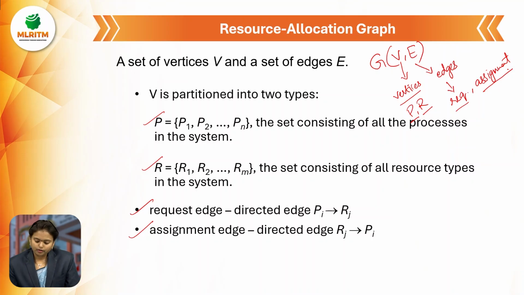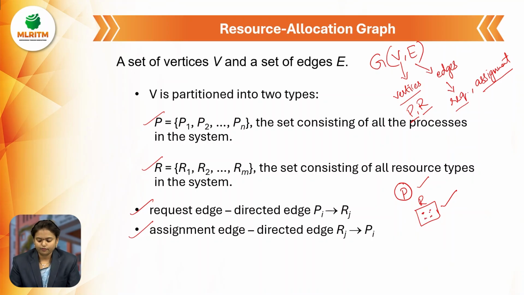Here the process will be represented in a circle and the resource is represented in the form of a square, whether it has a single instance or multiple instances. This is a process represented as a circle, and this is a resource type with multiple instances.